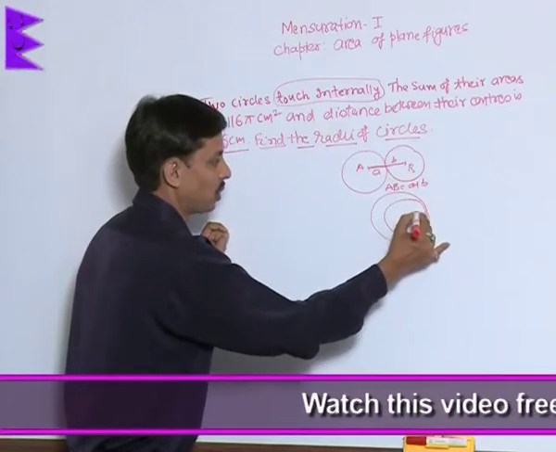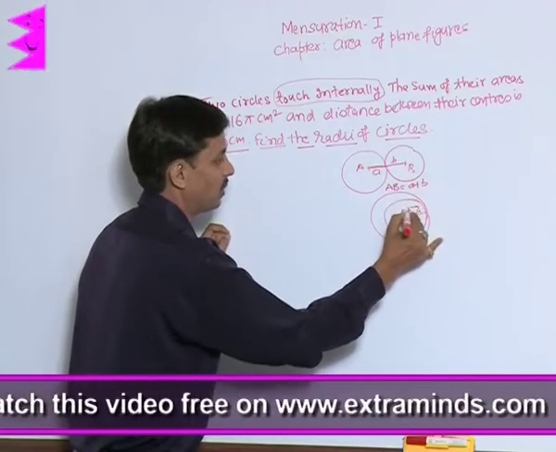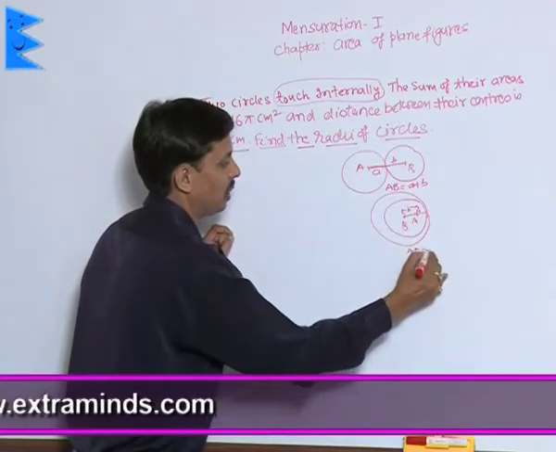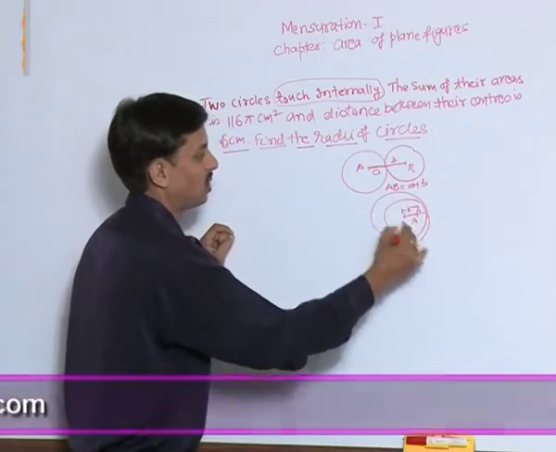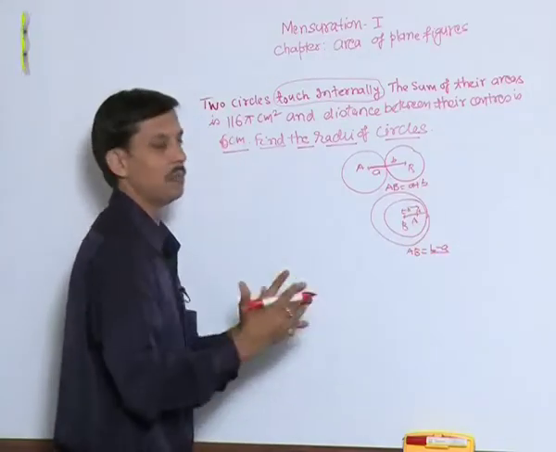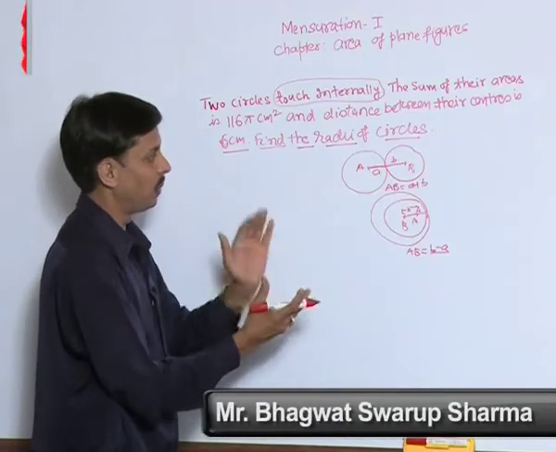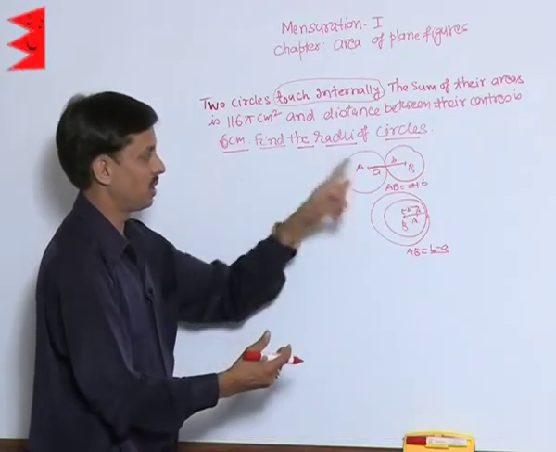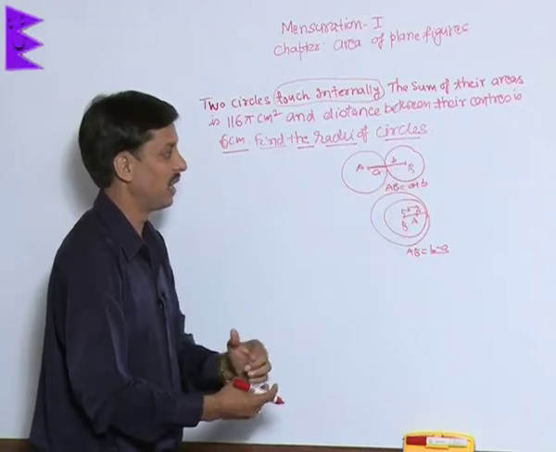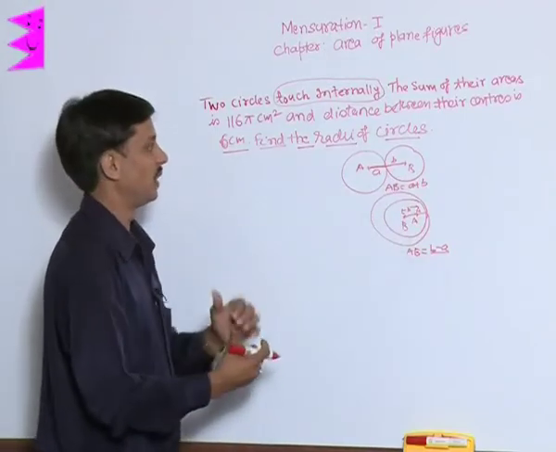Suppose the radius of the small circle is A and the radius of the bigger circle is B. Now the distance AB, the distance between the centers when two circles are touching internally, will be given by B minus A. So the first thing you need to remember is that when two circles touch externally, the distance between their centers is the sum of the radii, and when internally, it is the difference of the radii.